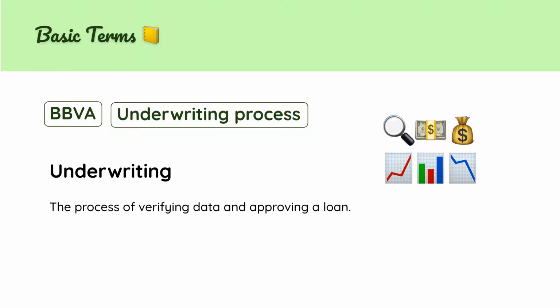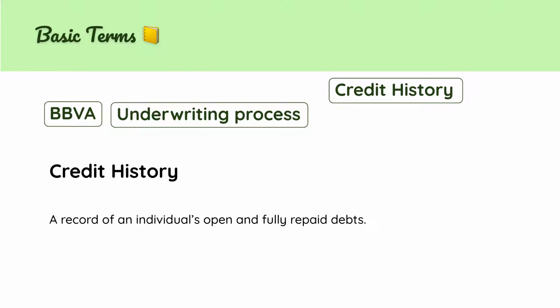Underwriting is the process of verifying data and approving a loan. For instance, let's say I'm applying for a BBVA personal loan. So the bank goes through an underwriting process to verify my credit history, which is a record of my open and fully repaid debts.